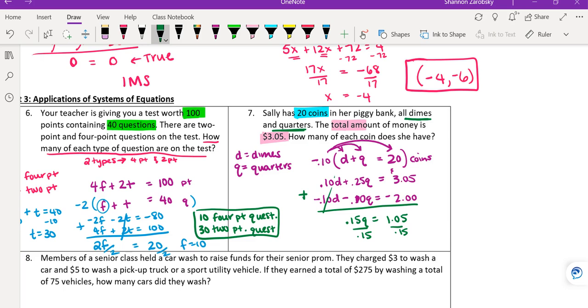So $1.05 divided by 0.15, and I get 7. I should have done that. So the number of quarters is 7 quarters. If there are 7 quarters and 20 total coins, then D plus 7 is equal to 20, which means that D is equal to 13. So we have 7 quarters and 13 dimes.